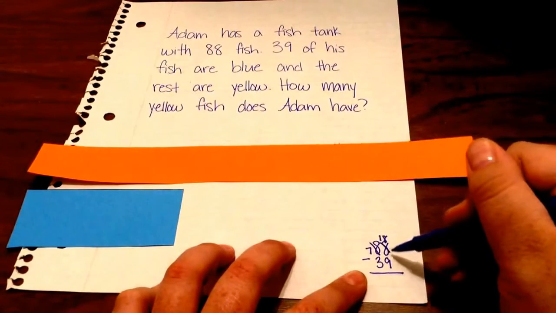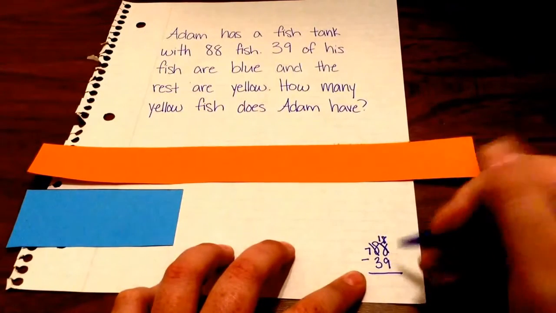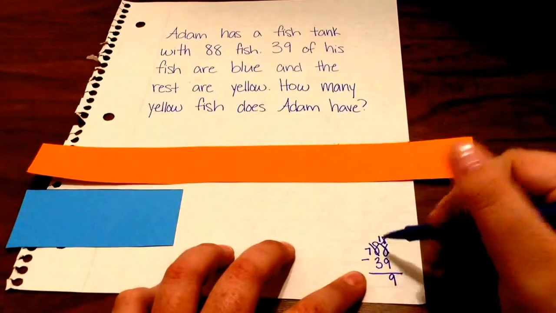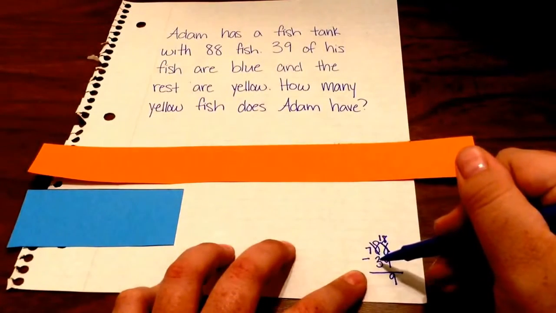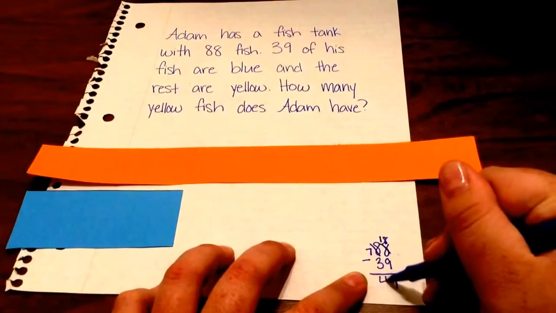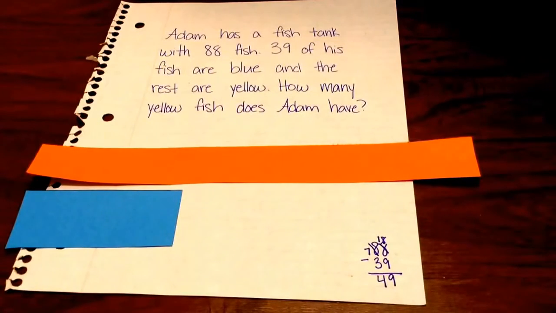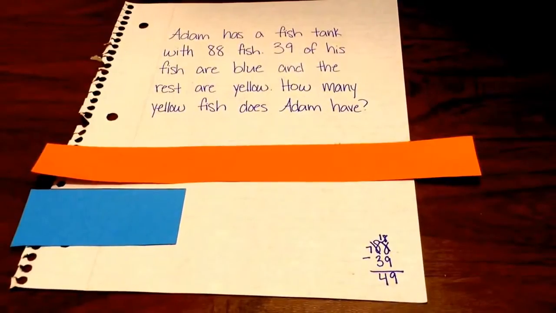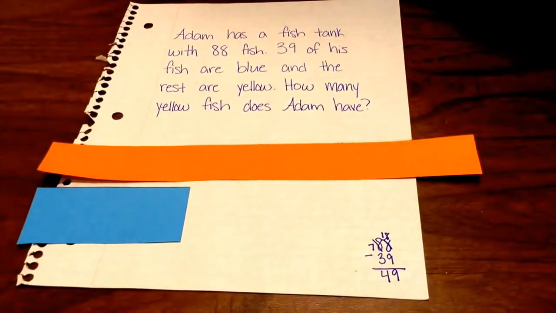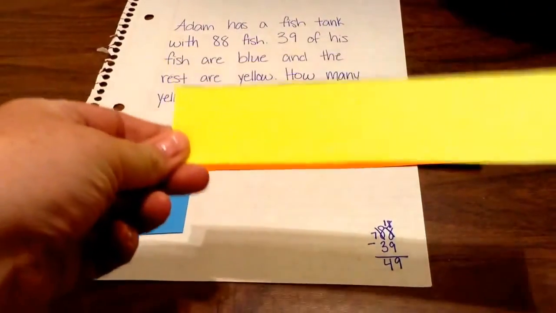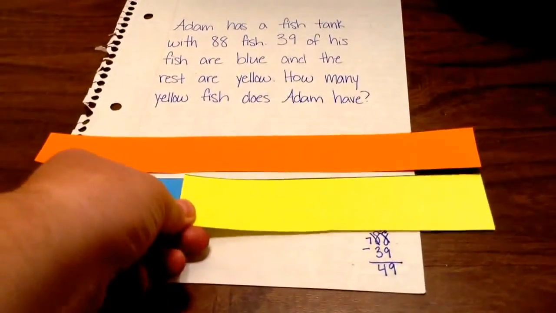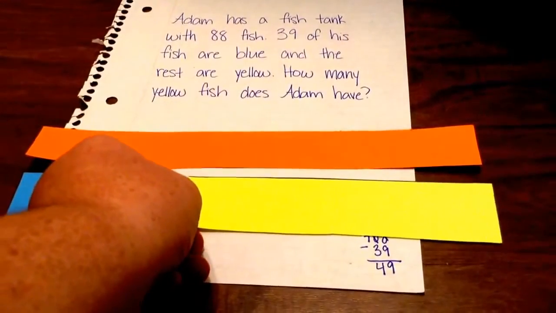So 18 minus 9 is 9, and 70 minus 30 is 40. So now we see that the second part to our part-whole problem is 49, and we're going to let this yellow piece of paper represent the 49 yellow fish.